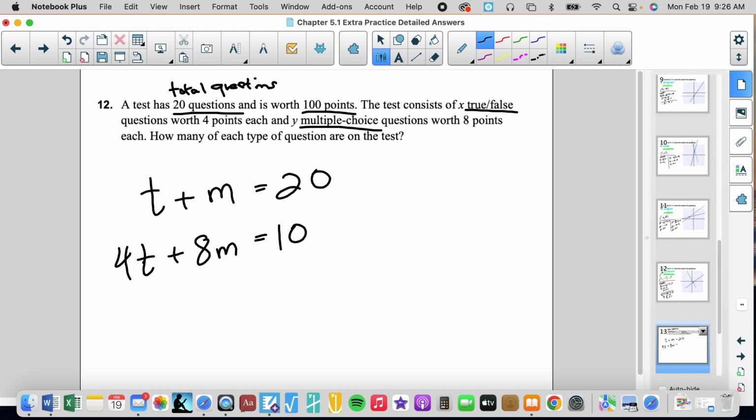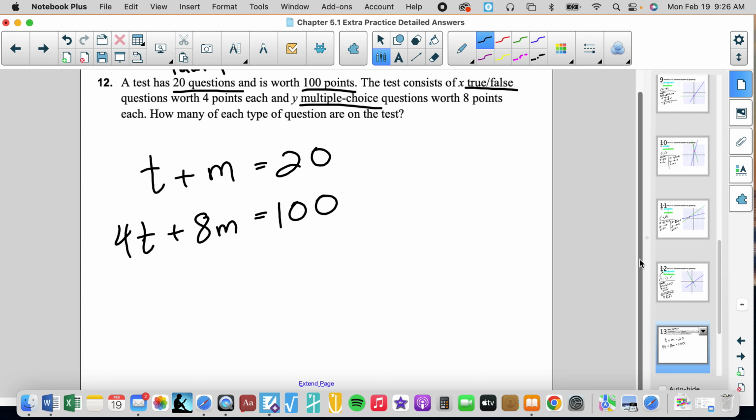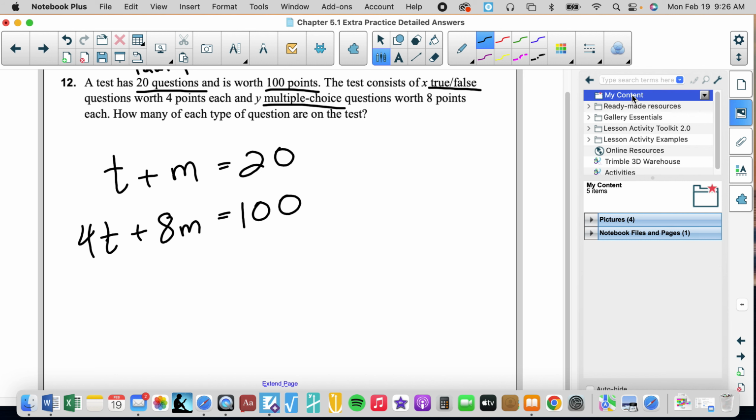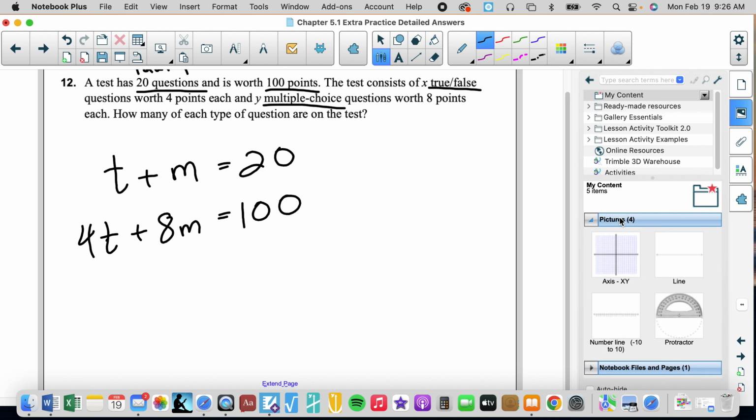That would give me 100. So this is the total points for true and false. This is the total points for multiple choice. And if I add the total points of each of those categories, it should equal 100. Now I can take that and graph those to find where they intersect. So how many of each type?